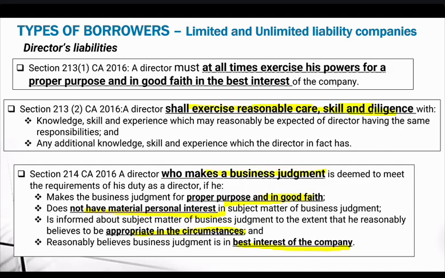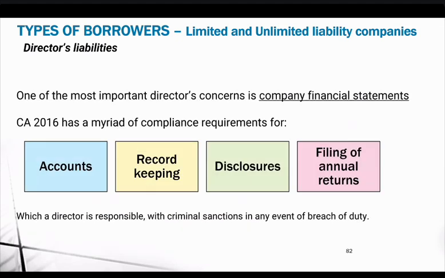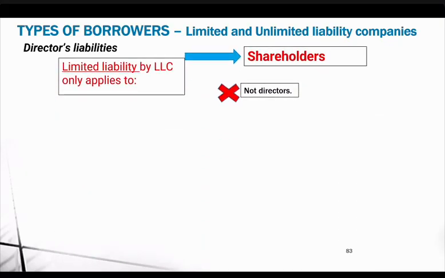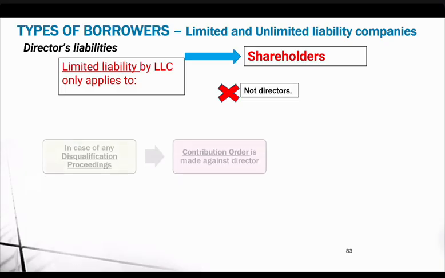They exercise reasonable care, skill, and diligence. Proper good faith. They must keep the records of the financials properly. And they must disclose the financials to the CCM when they file the annual returns.